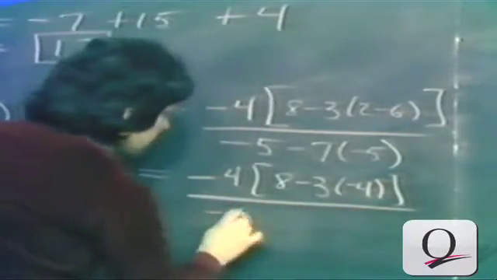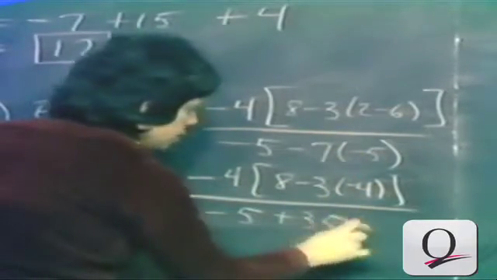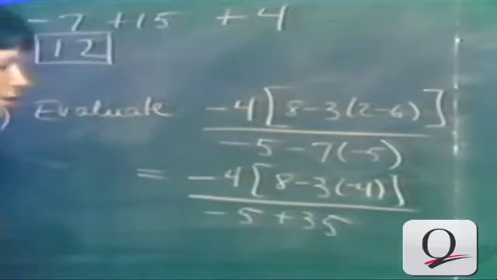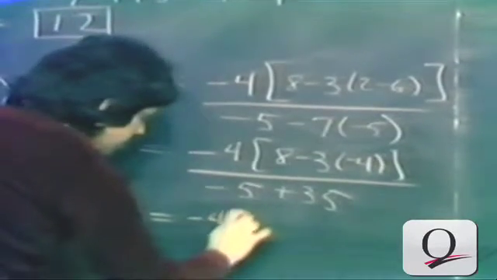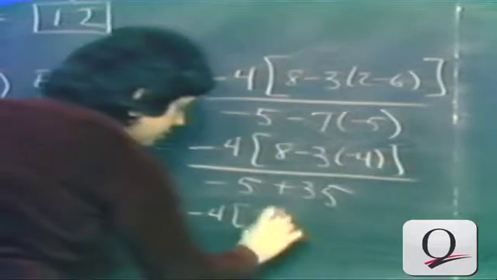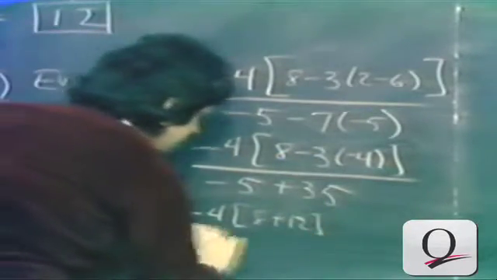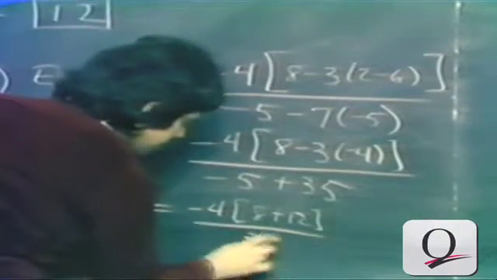over -5. Now, -7 times minus 5 is plus 35. Notice we did not make it minus 12. The multiplication comes first. -4 times (8 minus 3 times minus 4 is plus 12) over -5 plus 35 gives us 30.